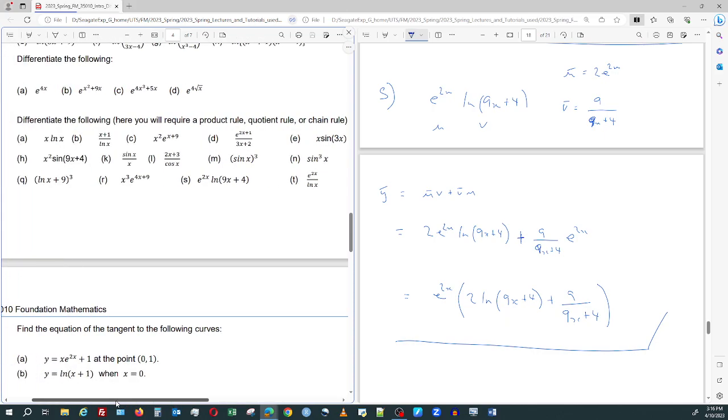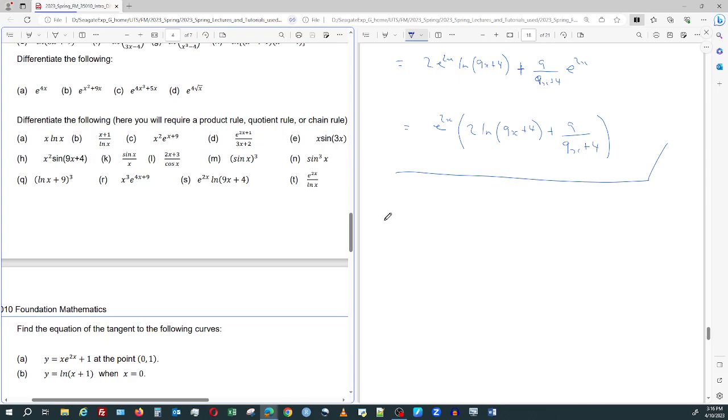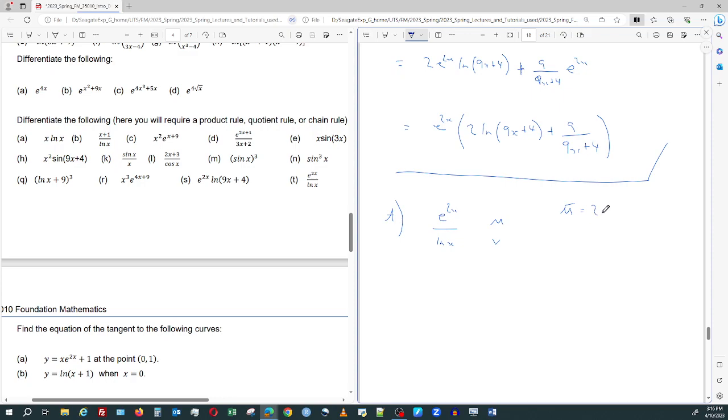Okay, not too bad. Okay, so we're nearly there. T is a quotient, e to the 2x over the ln of x, u over v. So u dash is going to be 2 e to the 2x, the derivative of what was already there, and v dash is going to be 1 over x.